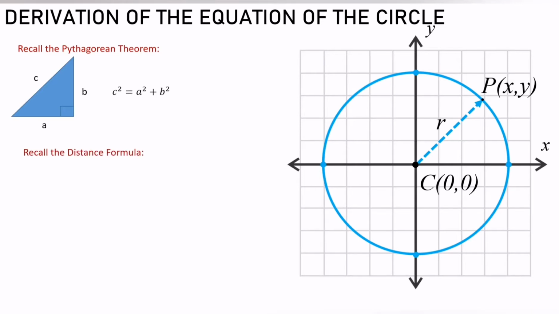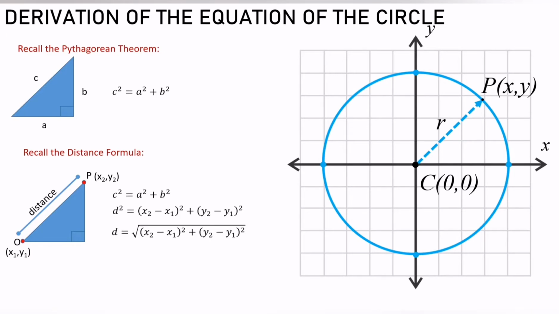Okay, so we recall the distance formula in finding the length here. If you have 2 points O and P and you have this length as your distance, how do you solve for the distance formula? You follow the Pythagorean theorem.